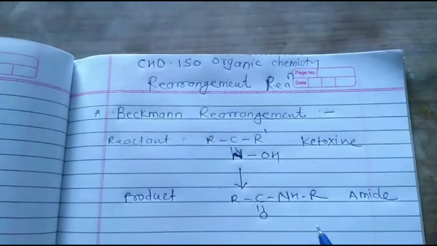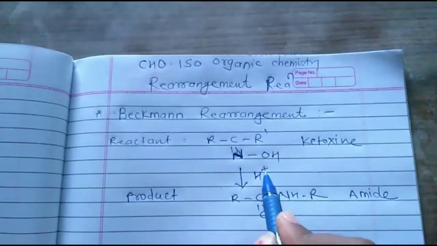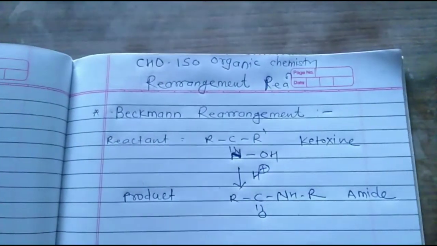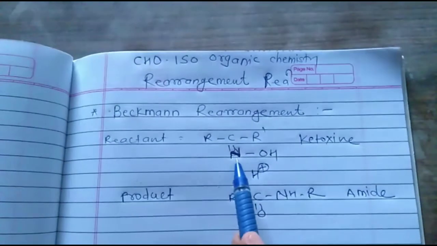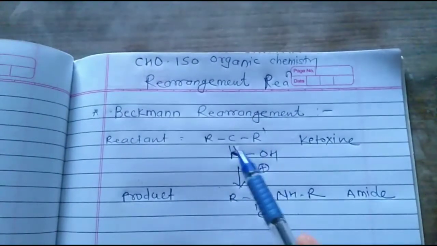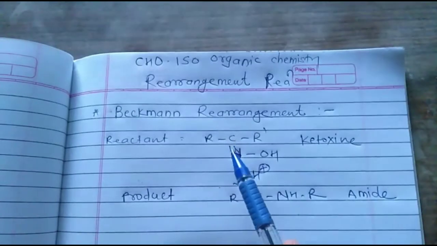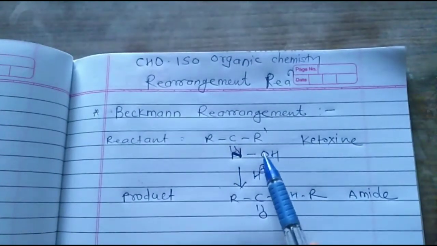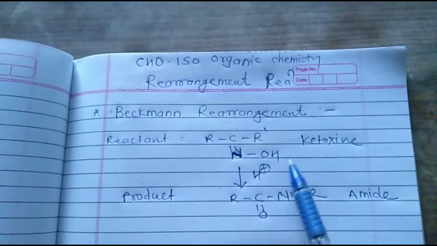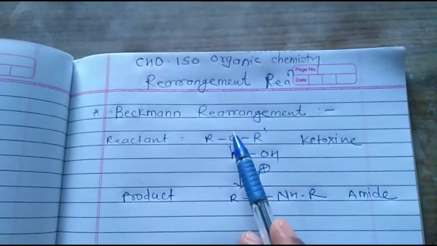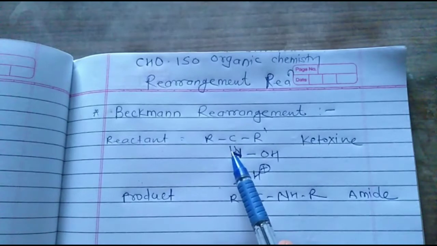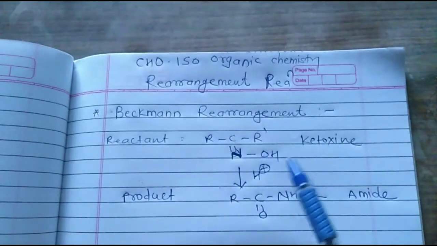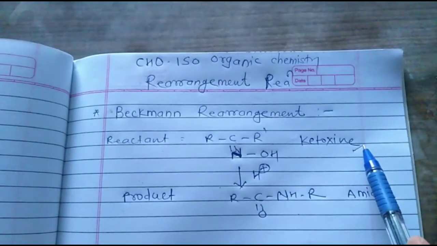The acid catalyzed conversion of ketoxime. Ketoxime means the carbon is double bonded with the nitrogen, and this nitrogen is attached to the OH group. This is the oxime group, and it is attached to the keto compound, that is a C double bond, and that's why it is called a ketoxime.